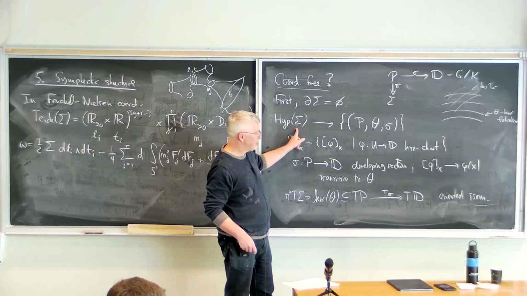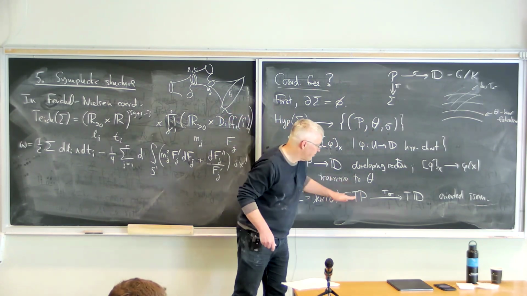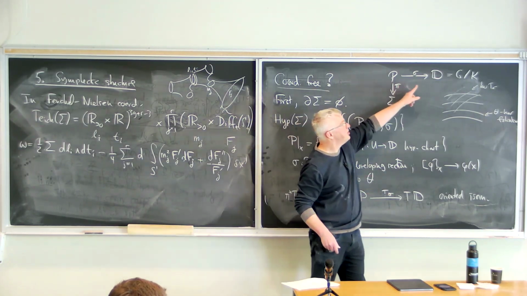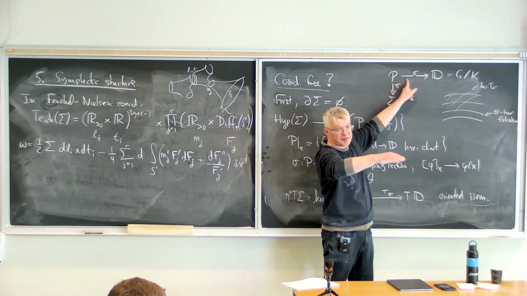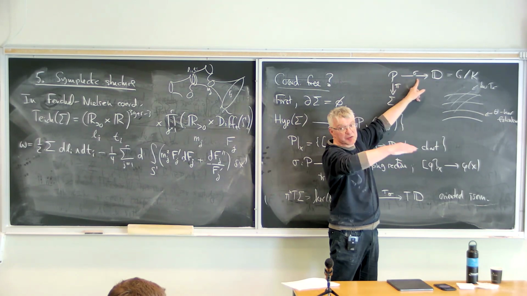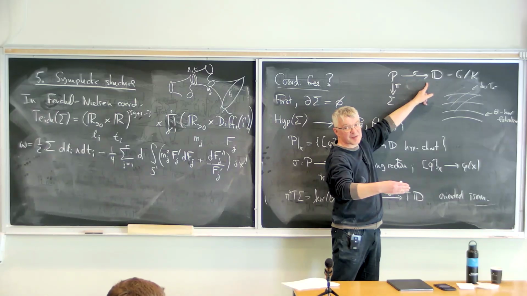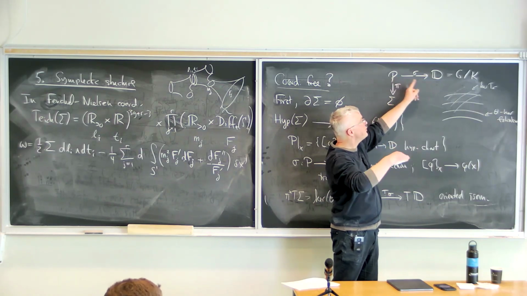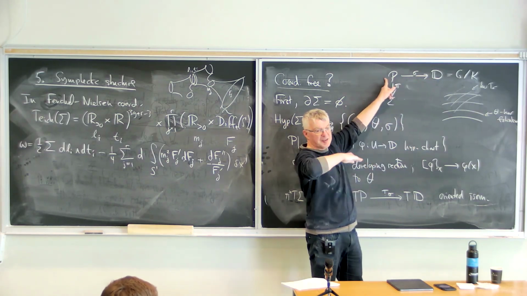And the way it works is quite simple. What this means is that you have this map sigma, which goes from P to D, and you have a flat connection, the horizontal leaves. If you restrict this map sigma to any horizontal leaf, it's a local diffeomorphism. That's exactly what the transversality gives you. So because it's a local diffeomorphism on the horizontal leaves, you can take the hyperbolic structure and pull it back to the horizontal leaves.